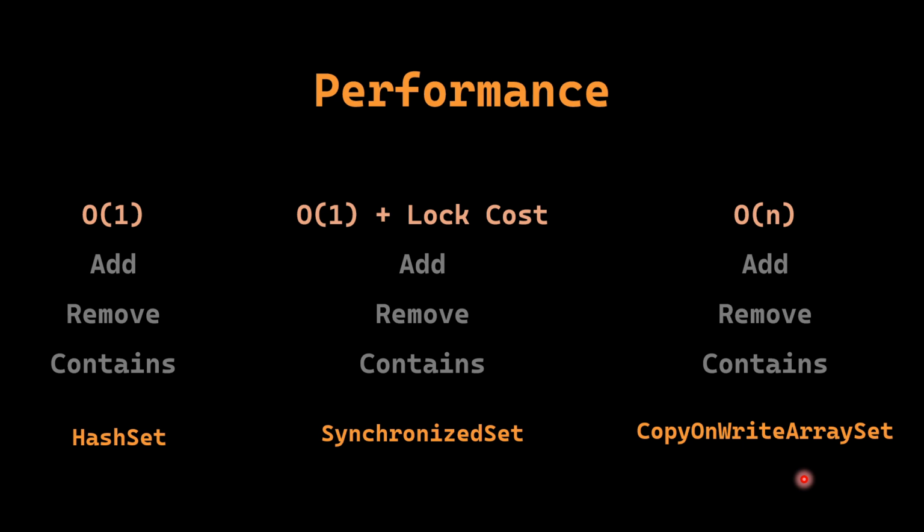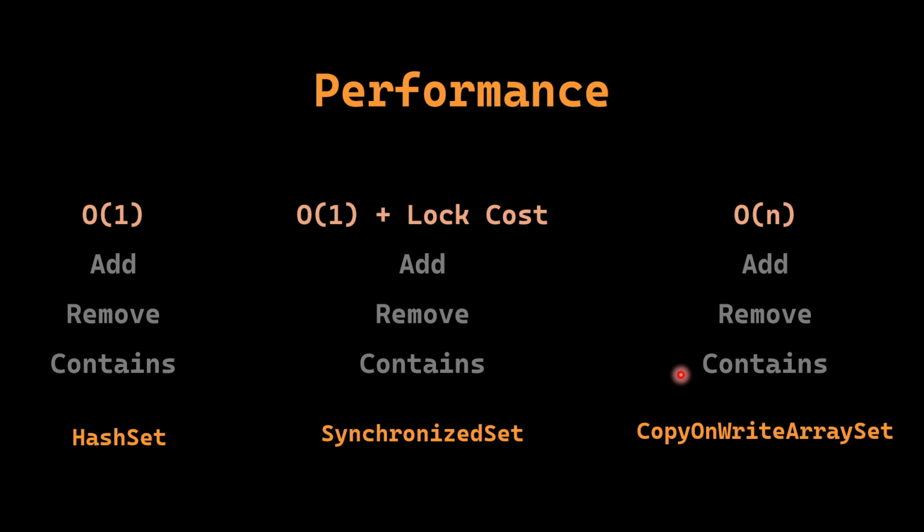The copy-on-write strategy creates an important performance trade-off for CopyOnWriteArraySet. Add and remove operations are O(n) because they require copying the entire array. Even more importantly, the contains operation is also O(n) because it must perform a linear search through the array.